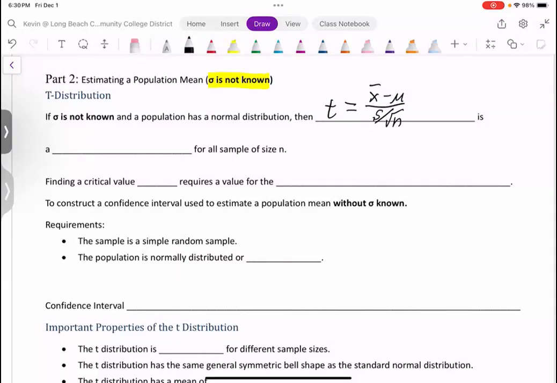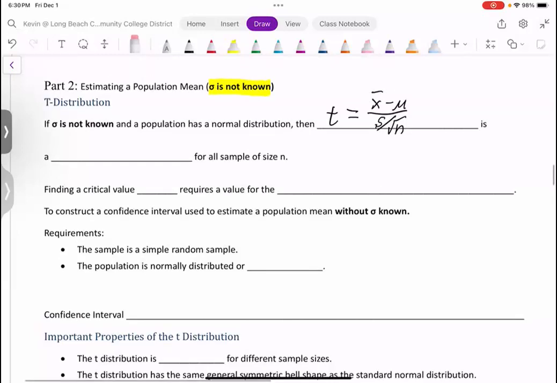And that's all about the central limit theorem. So if sigma is not known and a population has a normal distribution, then t equals x bar minus mu divided by s divided by root n is a t-distribution.